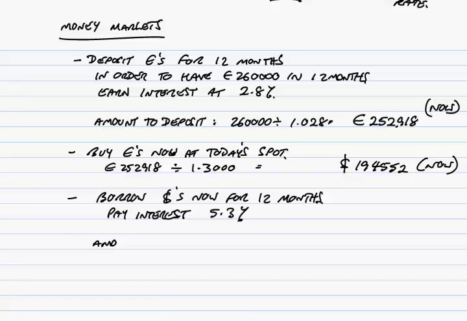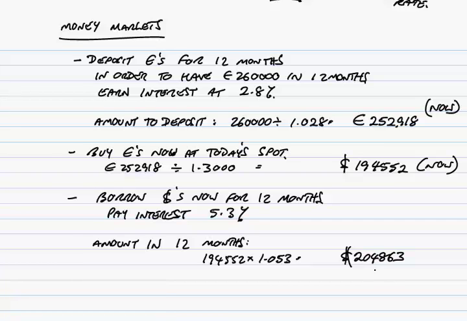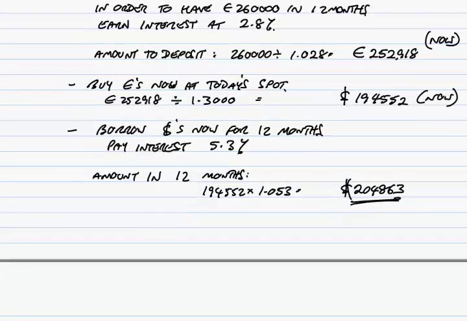And so the amount owing in 12 months: 194,552, add on the interest, 1 plus R, and so what will it cost us? 194,552 times 1.053, 204,863. And that will be a fixed payment in 12 months' time.